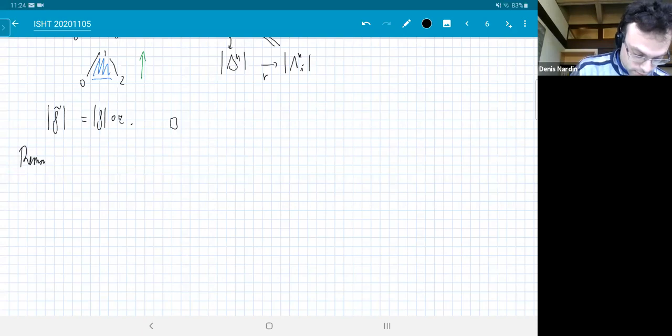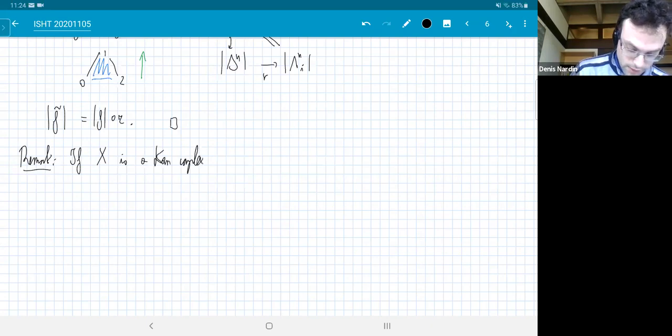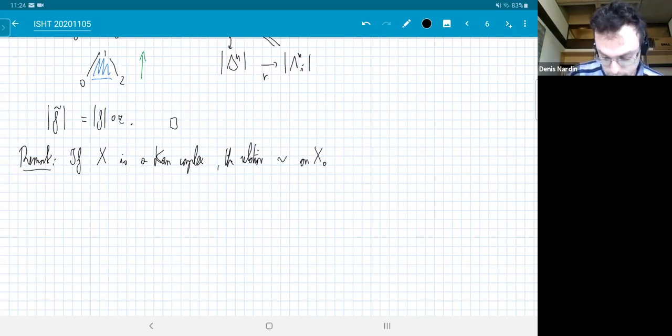Remark: if X is a Kan complex, the relation tilde on X_0 we defined above is an equivalence relation.